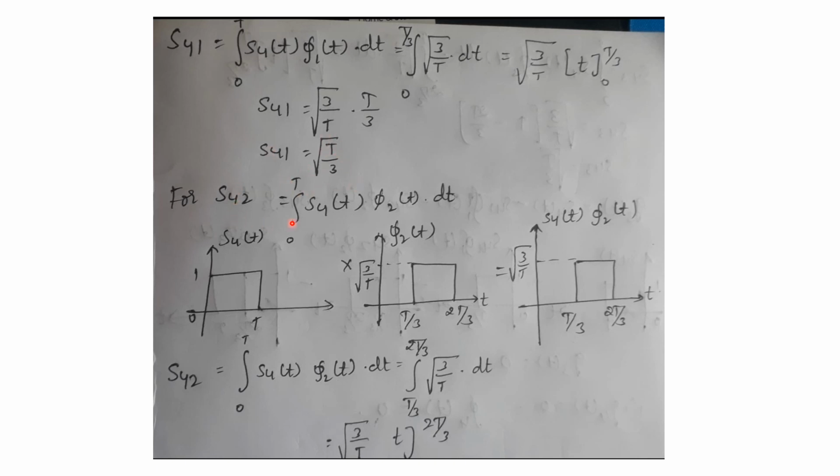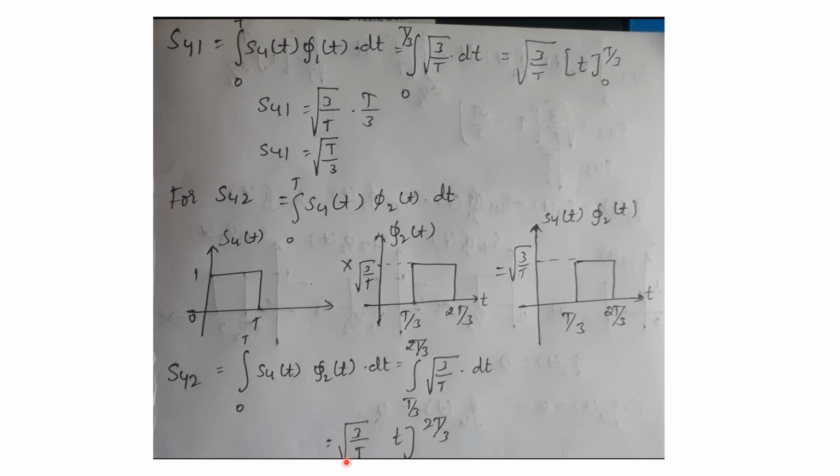For s42 we have the integration of 0 to T of s4 of t phi 2 of t dt, and the plots for the above simplification are given below. The formula for this is the integration of 0 to T of s4 of t into phi 2 of t dt, with limits from T by 3 to 2T by 3 of square root of T by 3 into dt.